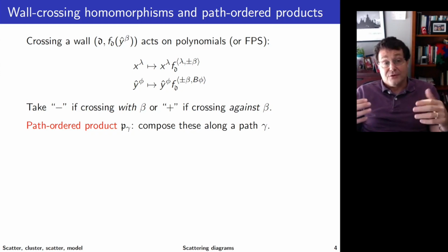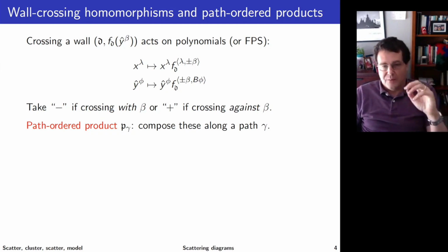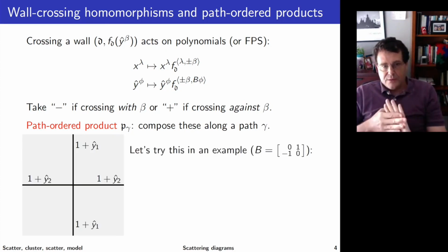But what we can do is, the finiteness condition basically says that up to any given degree, there are only finitely many walls, up to any given degree of y hat to the beta. So it works out that you can actually do this even though you might cross infinitely many walls. We'll do an example right now where we are crossing finitely many walls.